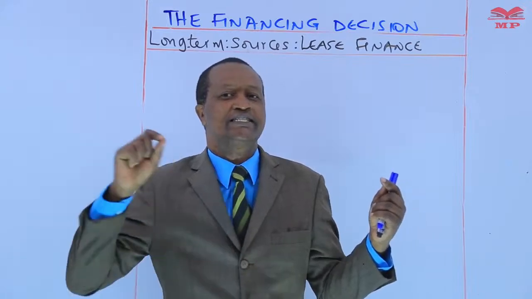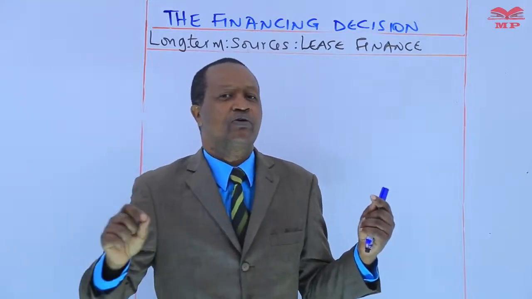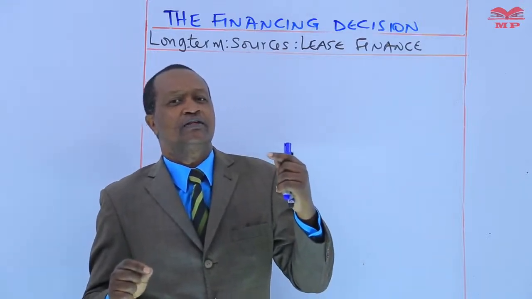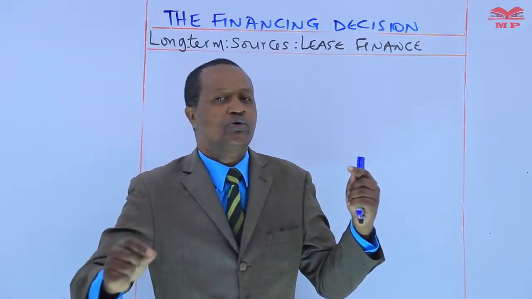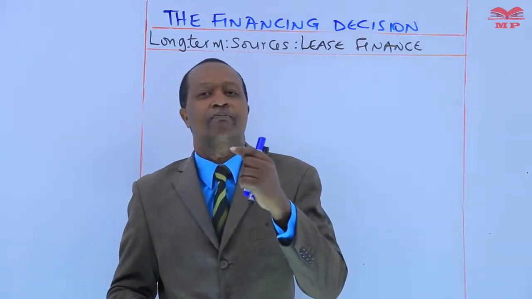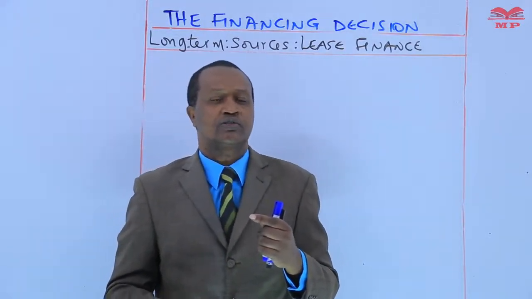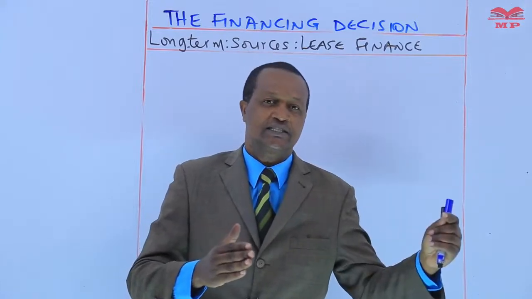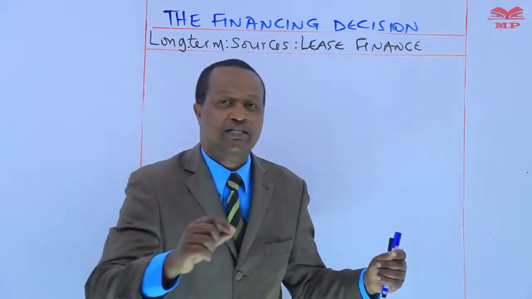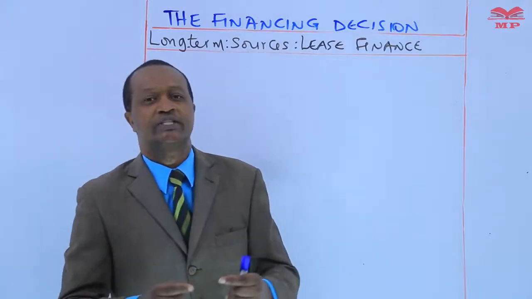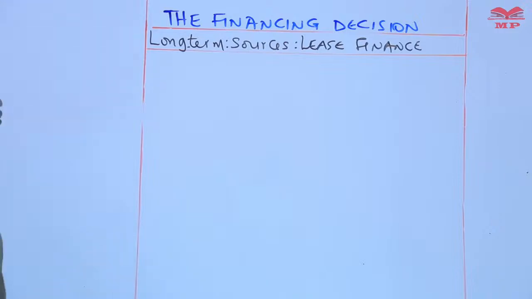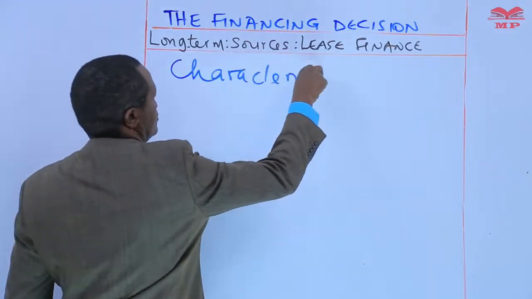Another party is the lessee, who is the user of the asset. And in a lease agreement, the lessee uses the asset without necessarily having to buy it. So we're going to study the characteristics, the benefits, and the drawbacks of lease finance, which is a long-term source of finance. Let us begin with the characteristics.